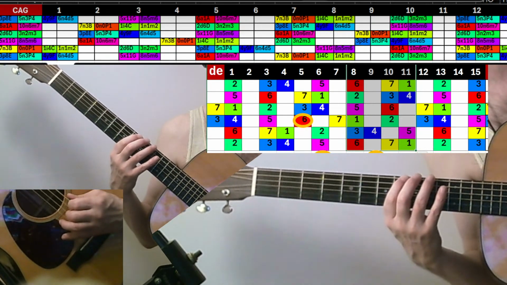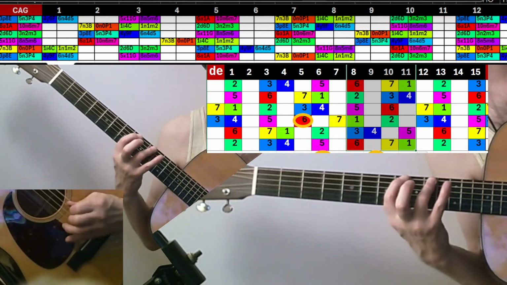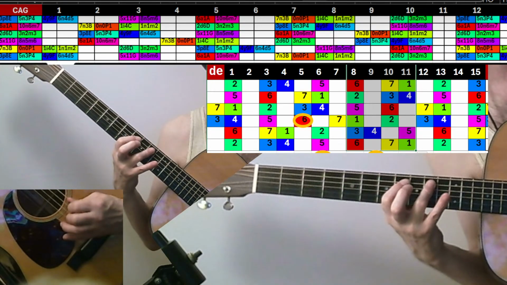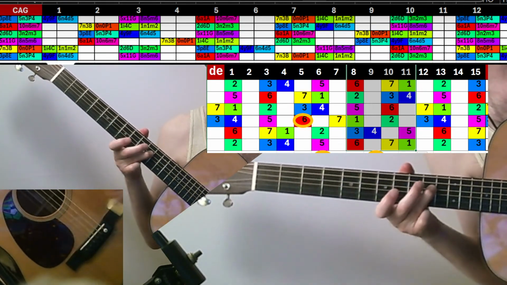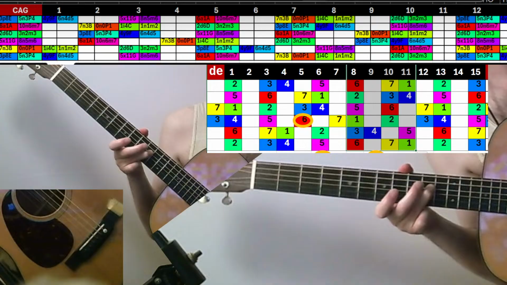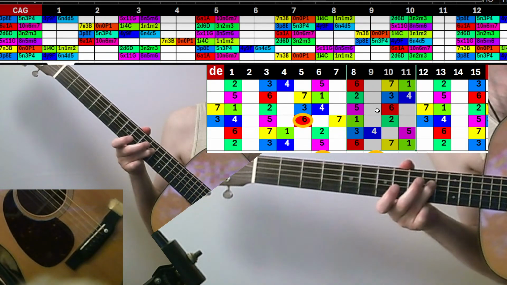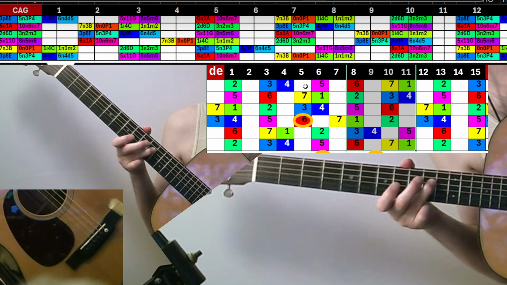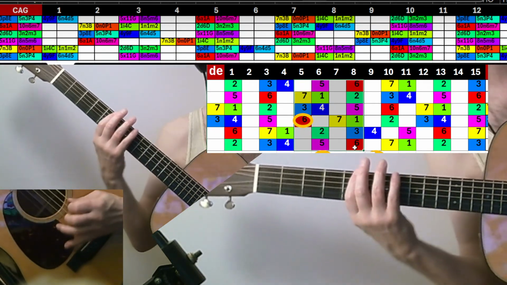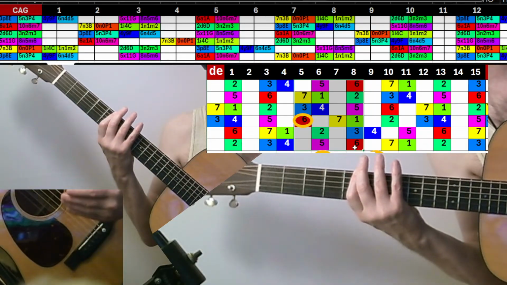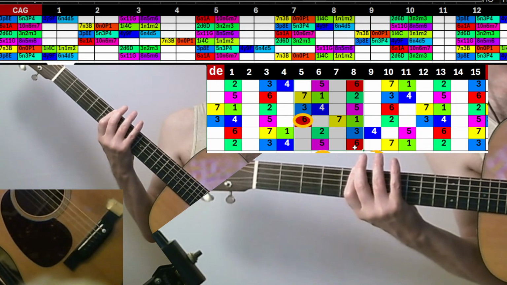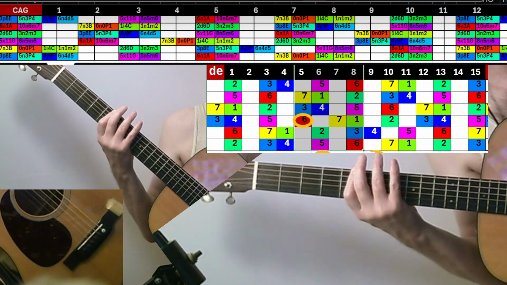When I get to 7, I go back to 1, right? So 6, 7, 1, 2, 3, 4, 5, 6. That's position 1, which is on the 8th fret. So now when I go behind it, we're going behind it to position 5. So what was position 1 here on the 5th fret is now position 5 from the perspective of the Aeolian.